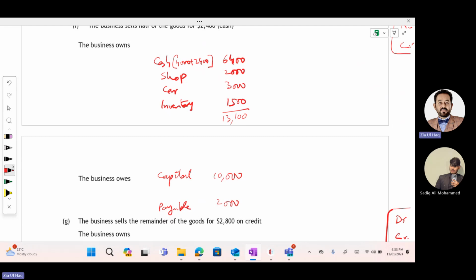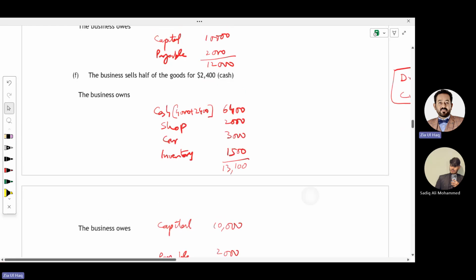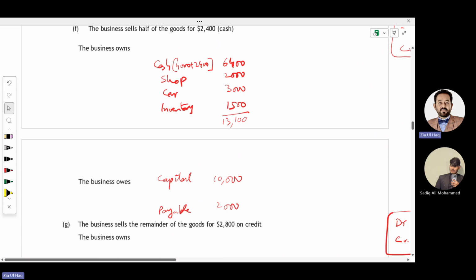13,100? Enough? Or something different? We sold goods 2,400 cash. Is that 13,100? No, it's not 13,100. This is 12,900.